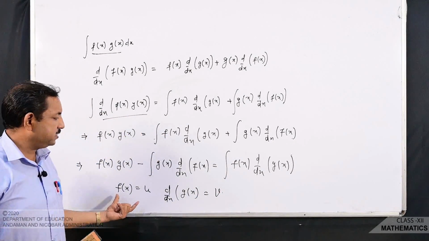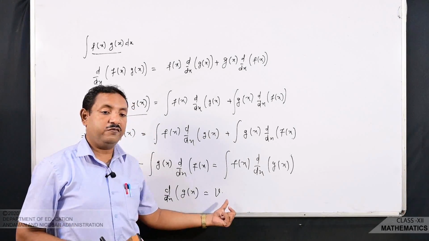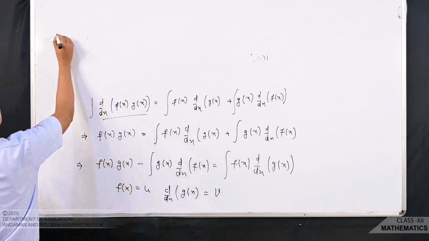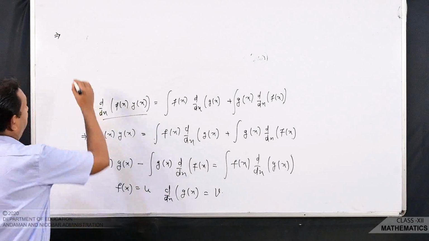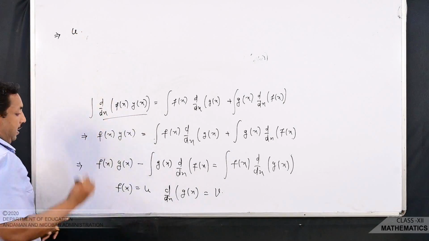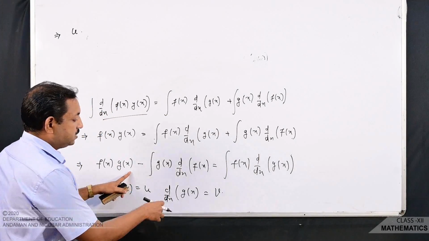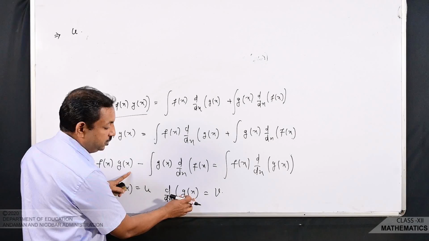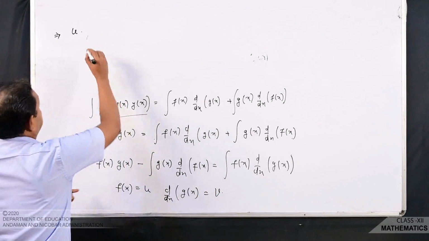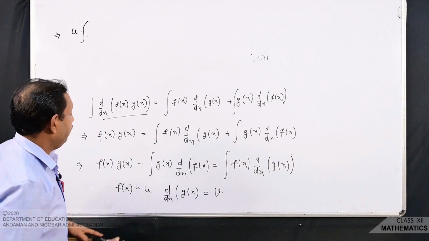Now, if I replace f of x by u and the derivative of g of x by v, then what happened? Look here, we have f of x, that means you have u here, and then g of x. If the derivative of g of x is v, then g of x is the integration of v.